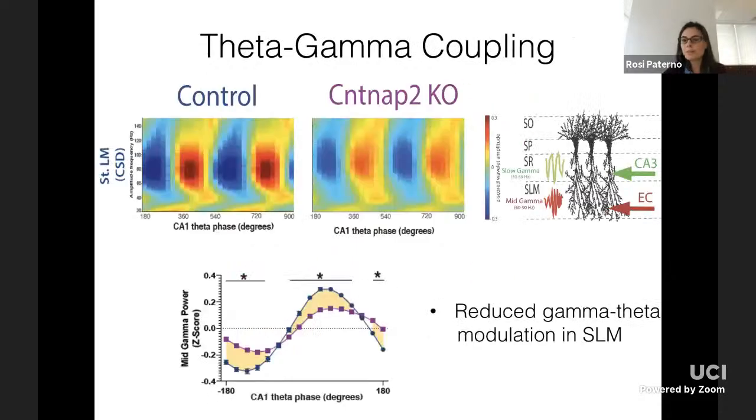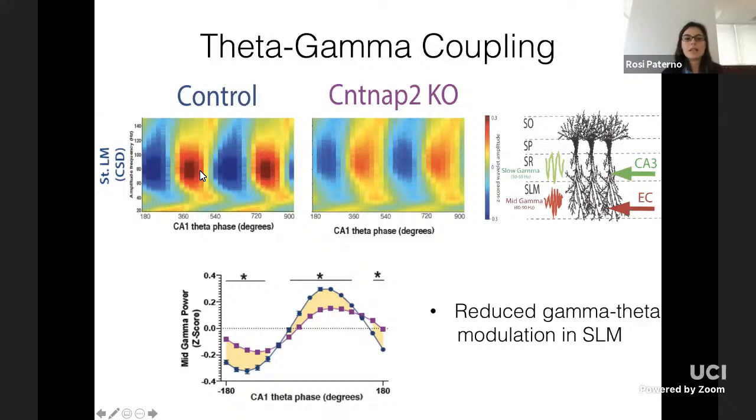To confirm that the same findings are coming from the stratum lacunosum moleculare, which is where the input of the mid gamma activity is arriving, we did a current source density analysis, which was able to isolate the mid gamma activity.